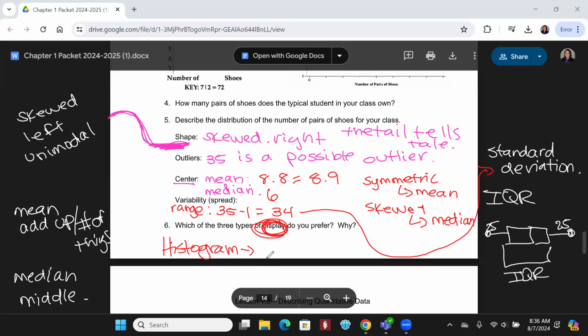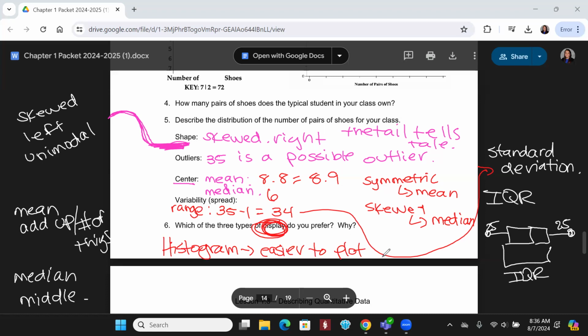I also think that the histogram is a little bit easier to plot. So either the bars on the right or the stem and leaf plot. So with the histogram, it's easier to plot, as well as you don't have to plot every point.